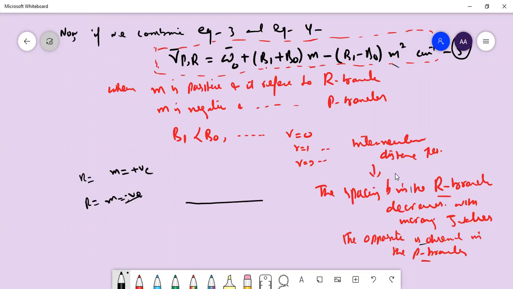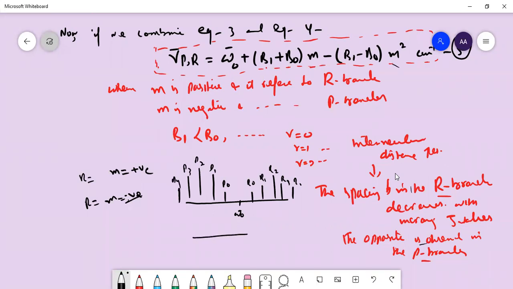Now, if this is the original spectrum, on this side we have R0, then R1, R2, R3, R4, and so on. And here we have P0, P1, P2, P3, and P4, and so on.